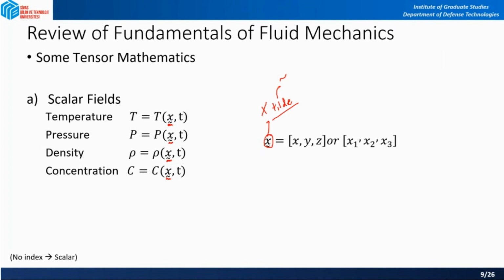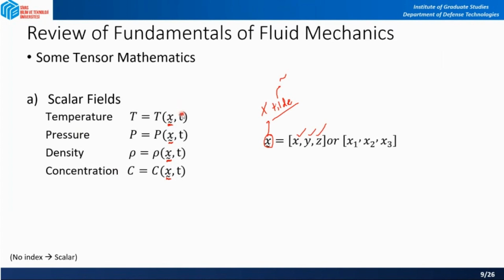X tilde is actually representing the space. So x, y, z, or you can show x, y, and z with 1, 2, and 3 indices. So we said that a scalar, like temperature, like pressure, like density or concentration, is a function of space and time.